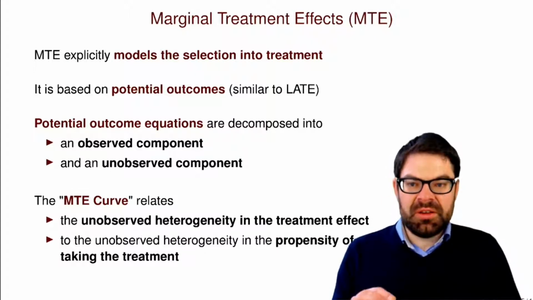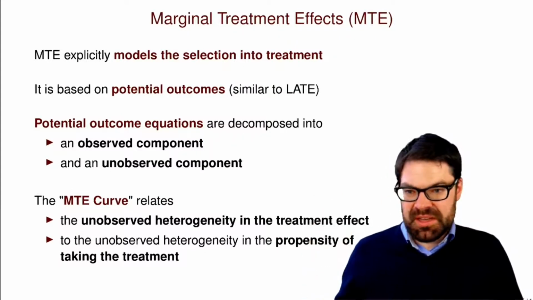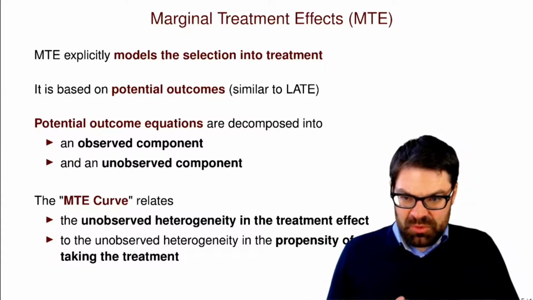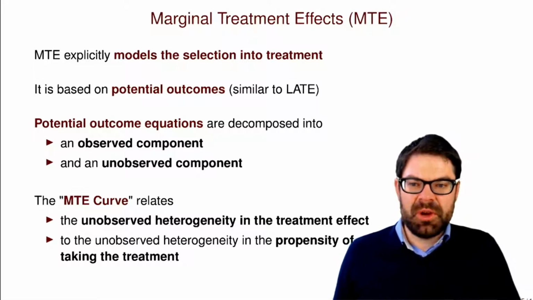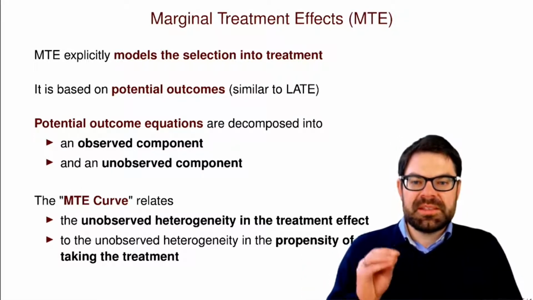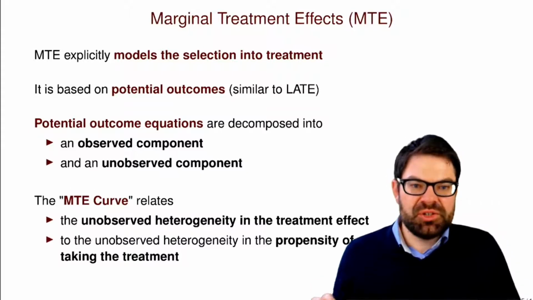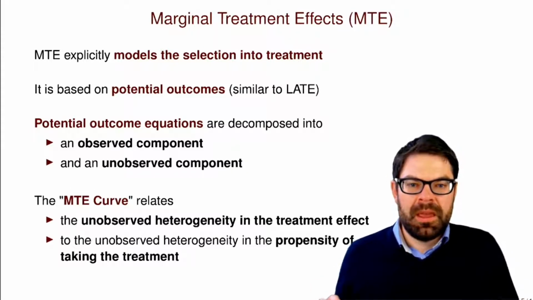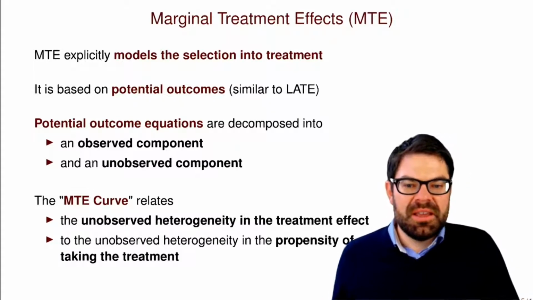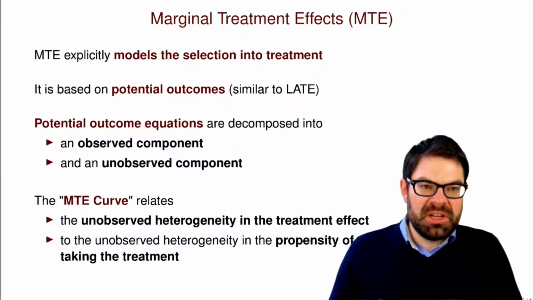What we do here is, as we've previously seen in the Heckman procedure, and also in Björklund and Moffitt's model, which is essentially a marginal treatment effects model, explicitly model selection into treatment. A typical marginal treatment effect analysis is based on potential outcomes.